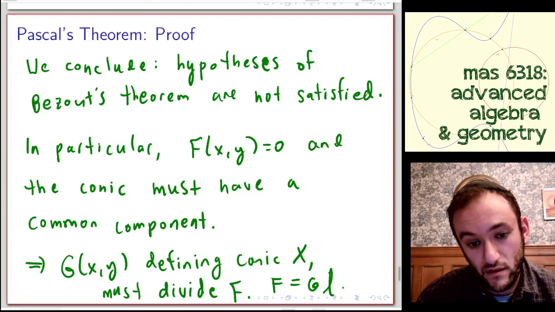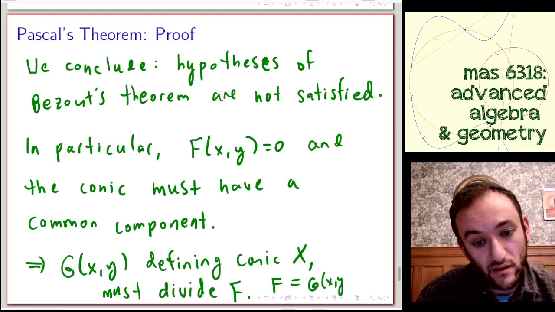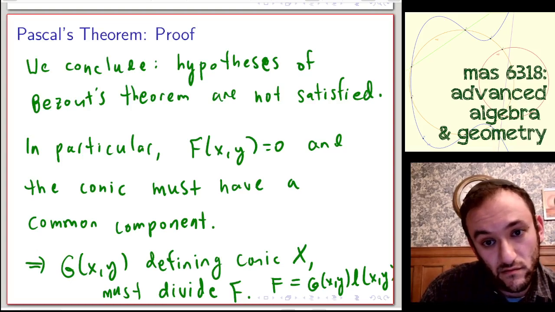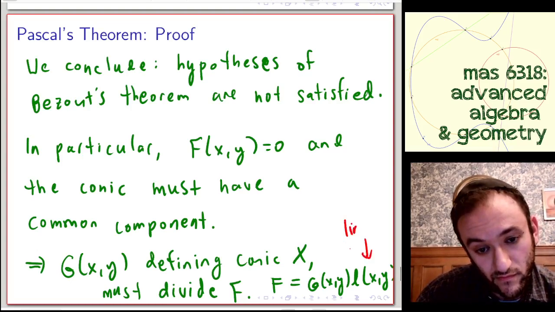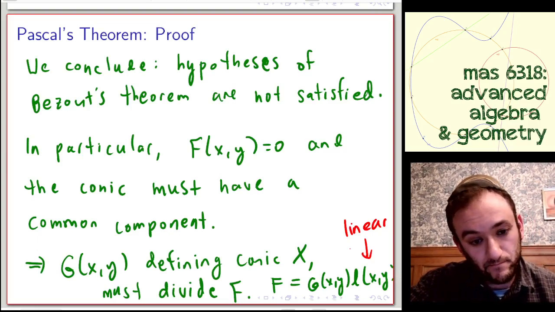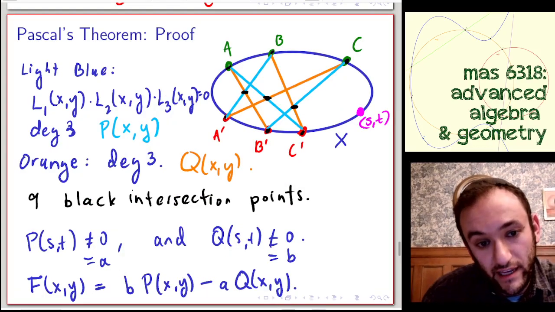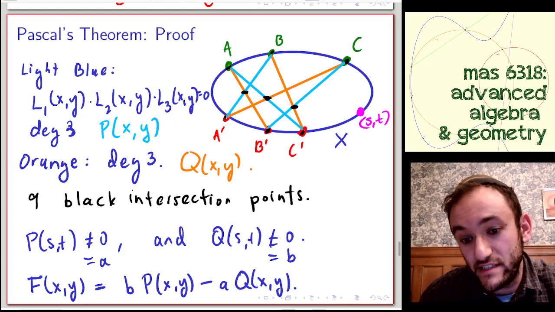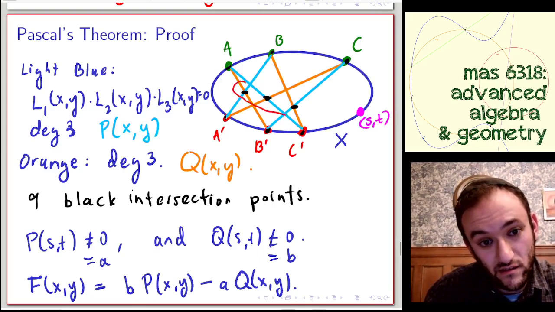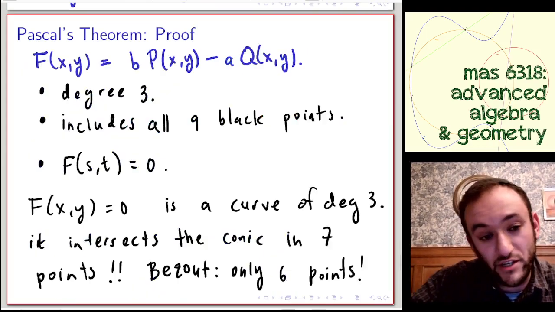So f is g of xy times L of xy, where that's linear. And since we know that there are an additional 3 points where f is 0, and those aren't on the conic, they must all satisfy the same linear equation.